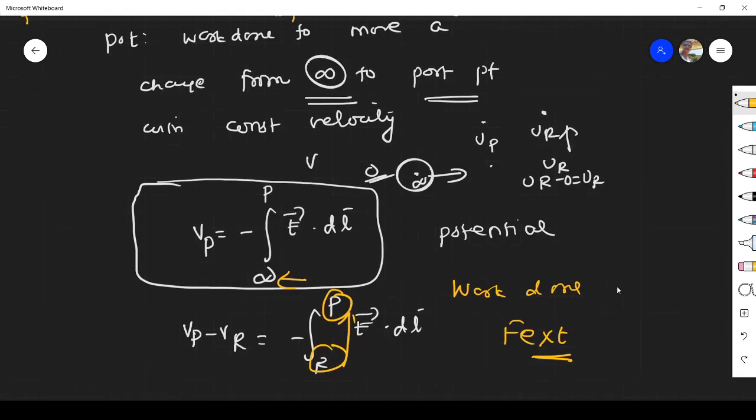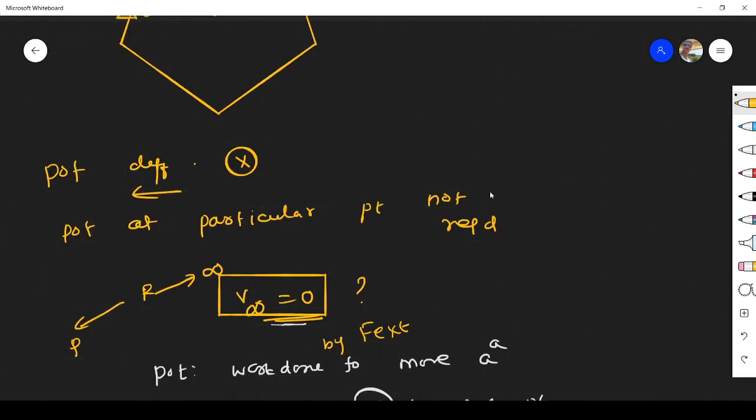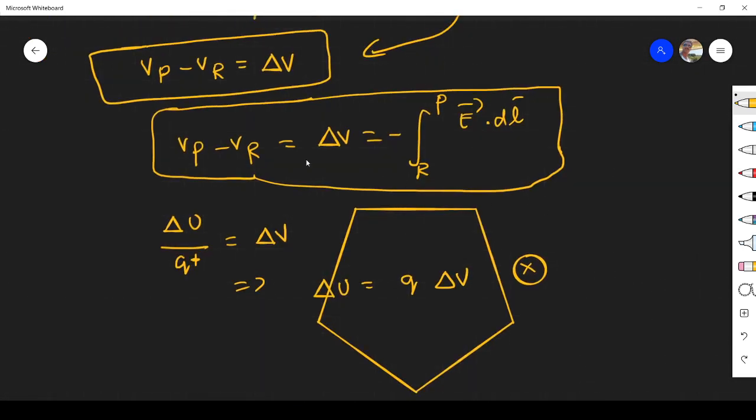Now next thing we have to know, you see the equation: del V is equal to Vp minus Vr, equal to minus integral of E dot dl. Who is producing this E? This electric field is produced by the source charge, capital Q, not by the test charge.